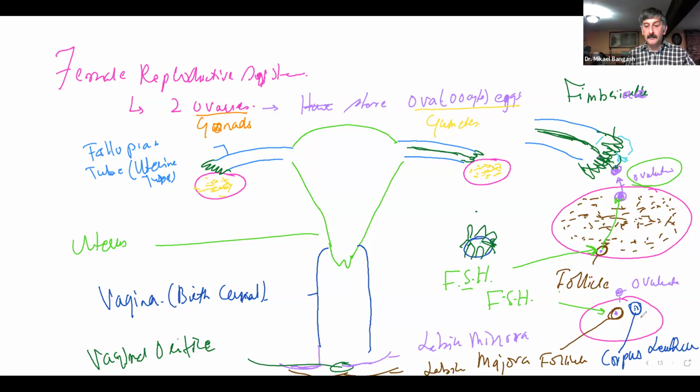Now, at the end of the menstrual cycle, this corpus luteum ends up becoming a scar.